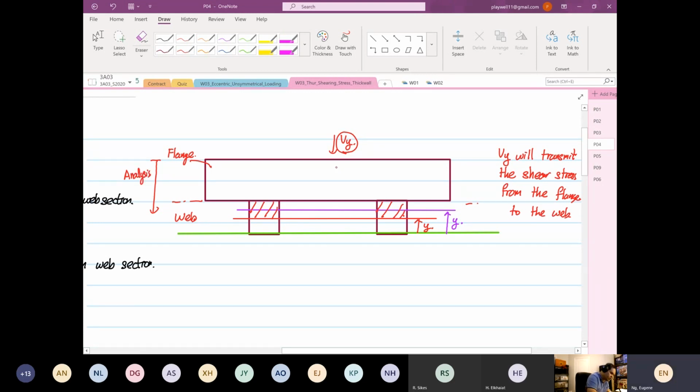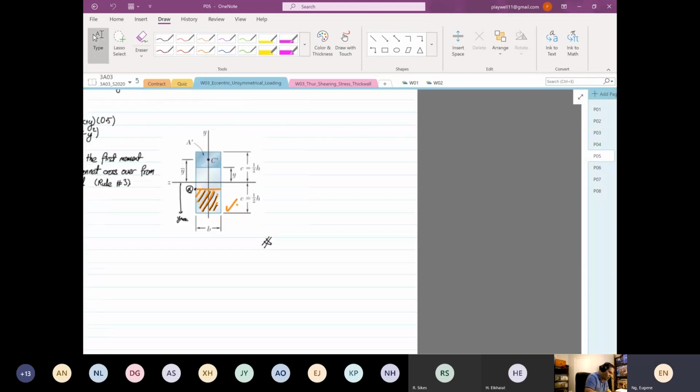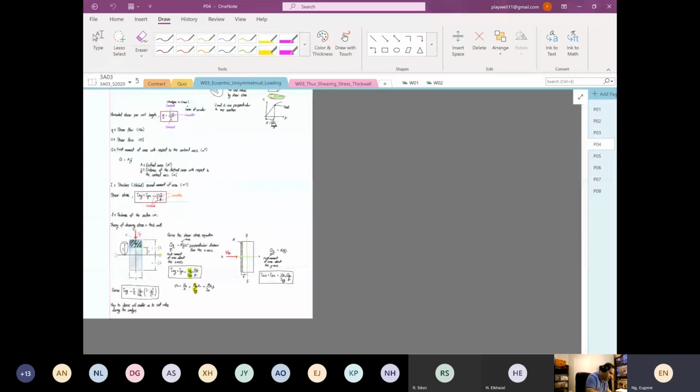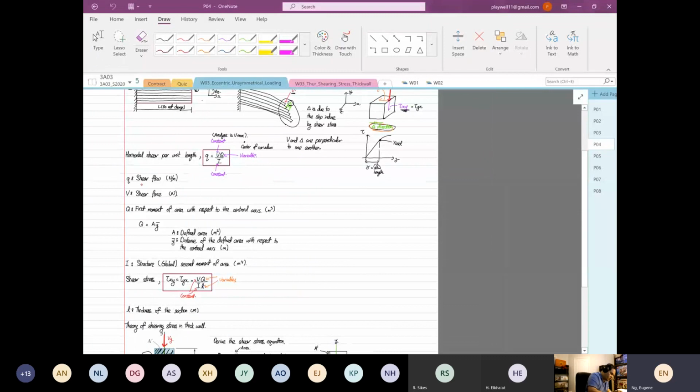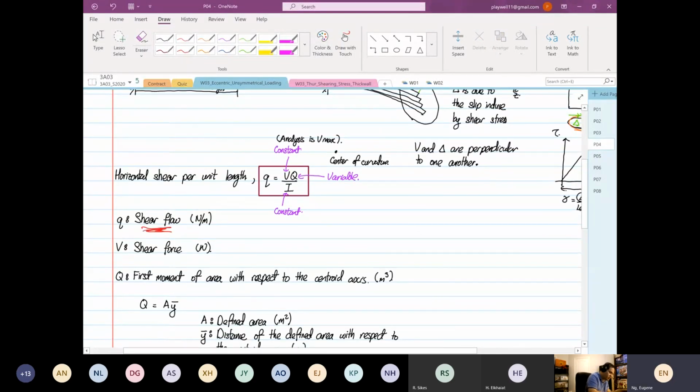So the shear stress, the shear flow, okay, the shear flow will flow this way. Right? That's why on Tuesday, when we started this lecture, we got something known as what? Shear flow. Okay, can you see that? We have something known as shear flow.